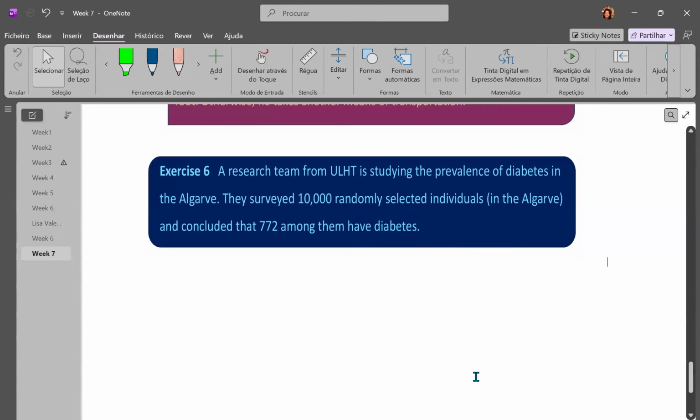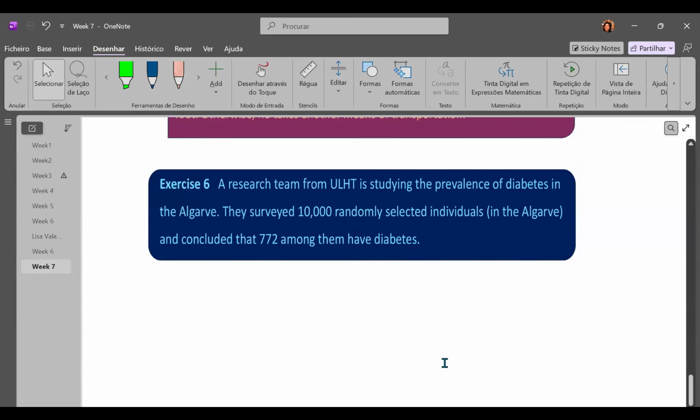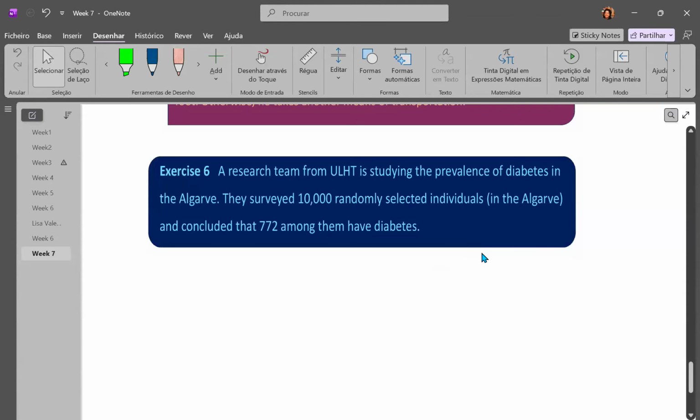Now, suppose we are working together. We need to agree with each other where we are going to signal the success. What is your choice? We are a research team. We have to decide. You decide.